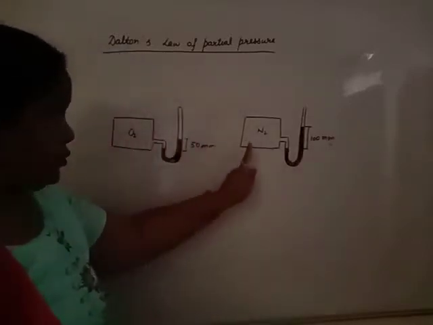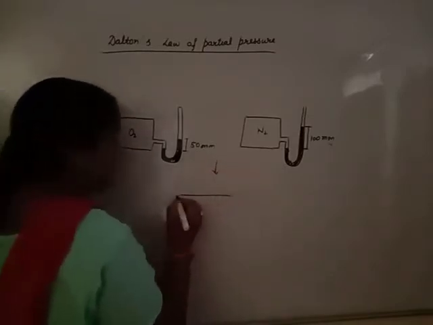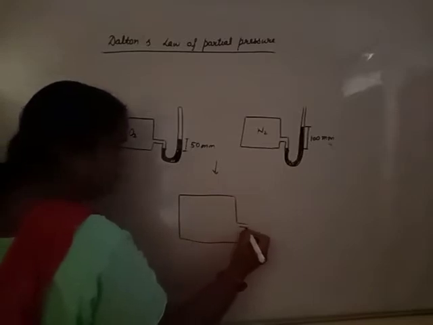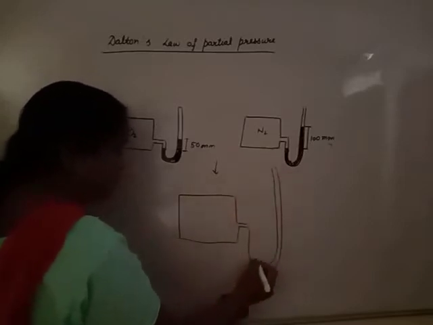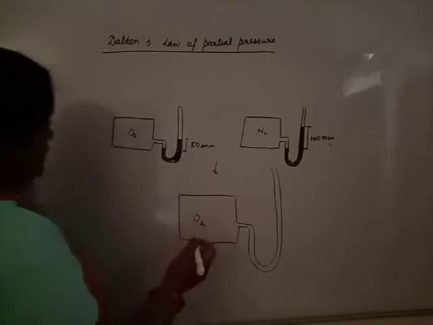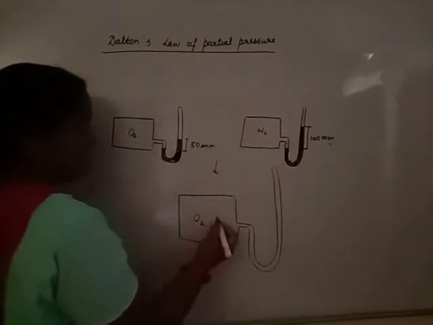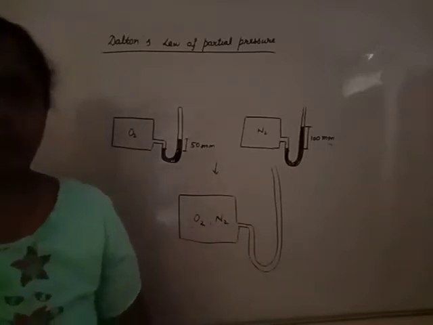We mix these two gases in the same container. We use another container, like this, with a manometer. We mix these two gases, oxygen from one container and nitrogen from the other, into this container. These two gases are chemically non-reactive with each other.